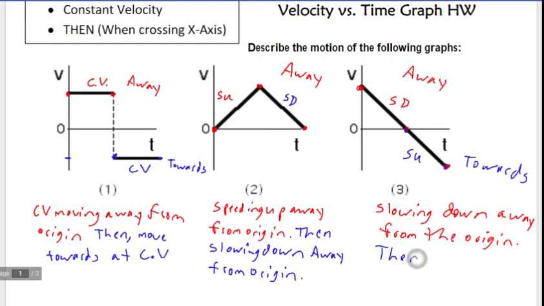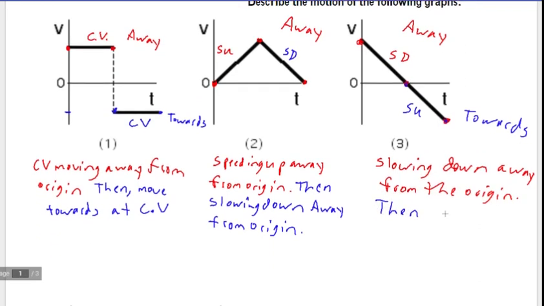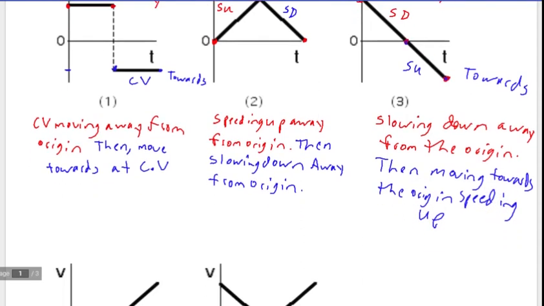Then moving towards the origin, speeding up. All right, 3 down, 2 more to go.